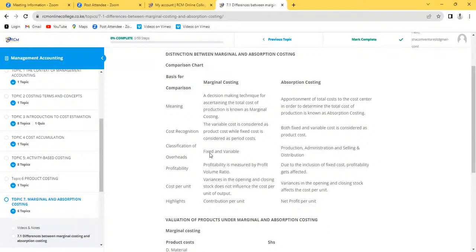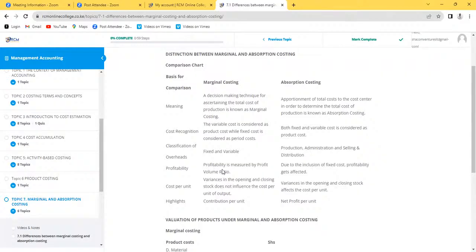On classification of overheads, we have fixed and variable, while under absorption we have production, administration, selling, and distribution. Under absorption costing we only know production costs and non-production costs, where the non-production costs are classified into administrative, then selling and distribution costs.